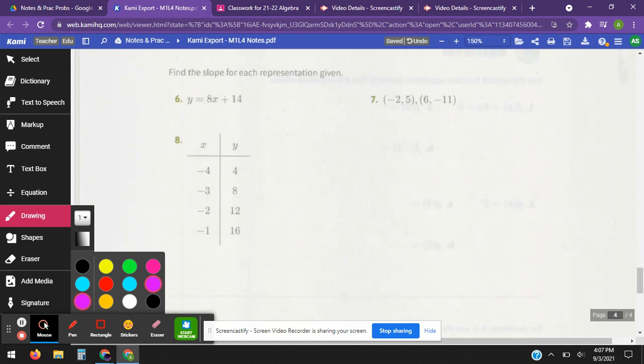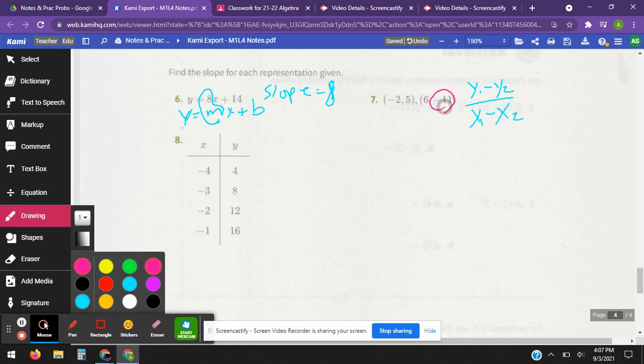Find the slope for each given representation. Well, this is y equals mx plus b form. M is the slope, so slope equals 8 in this case. Oh, for this one, we have to do change in y over change in x. So let's do our y's first.